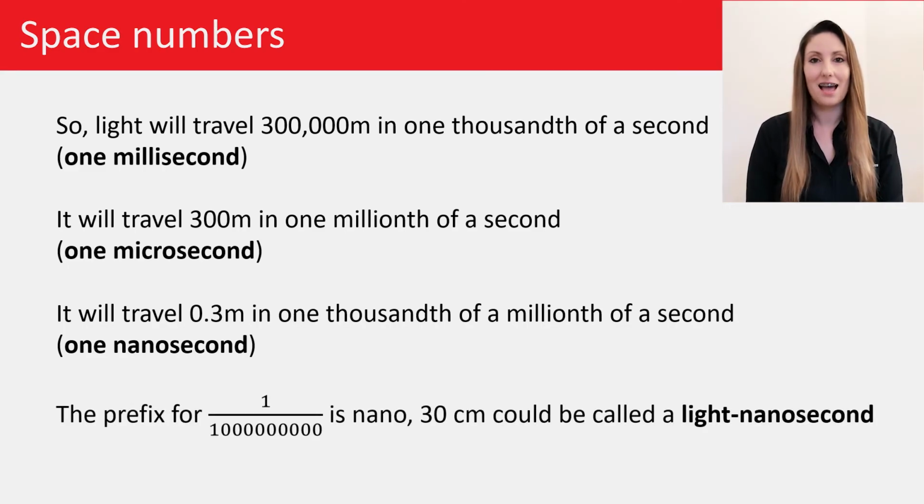In other words, light will take 1,000th of a millionth of a second to travel from one end of a 30cm ruler to the other. So, if you're looking at somebody who is 30 centimetres away, you're actually seeing them as they were 1 nanosecond ago. 30 centimetres could be called a light nanosecond.